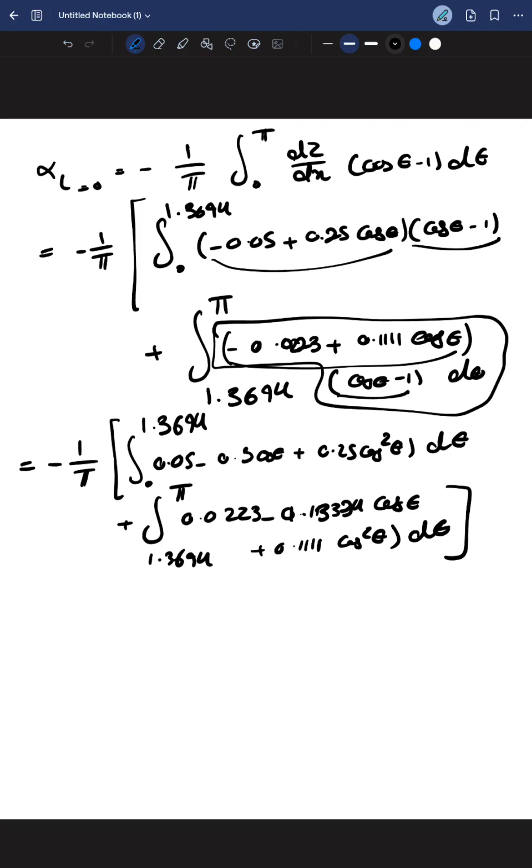Okay, two integrals. I forgot the bracket here.